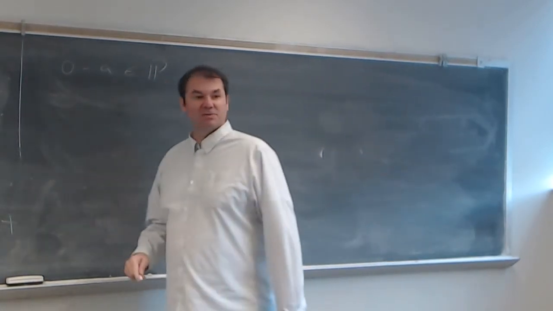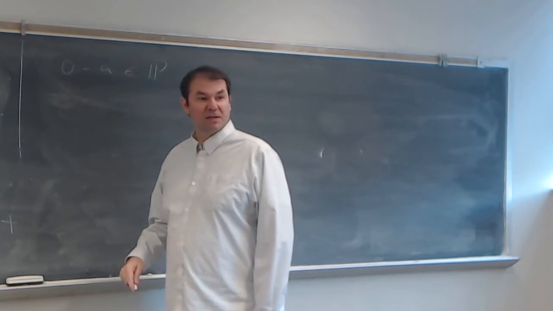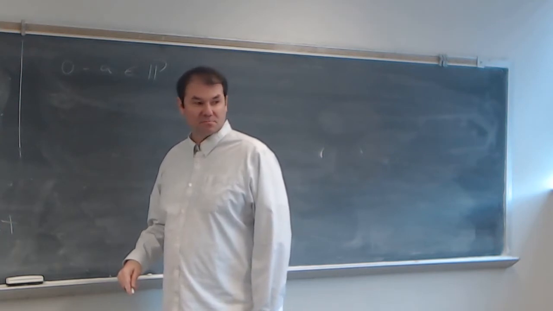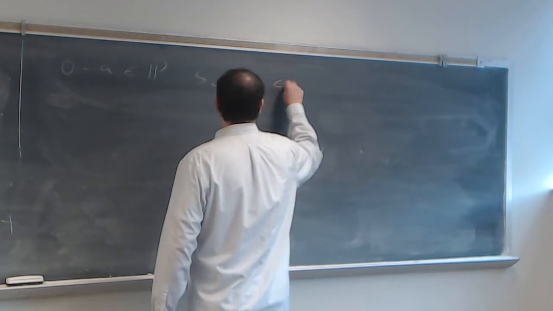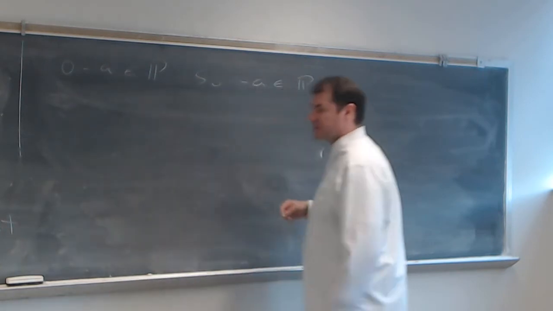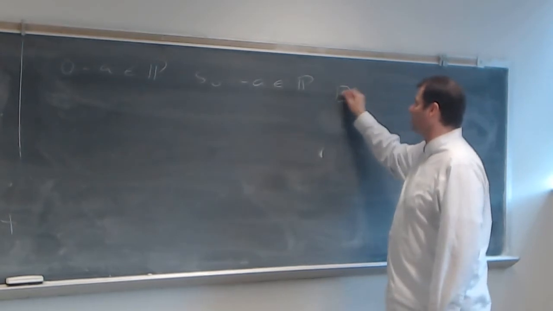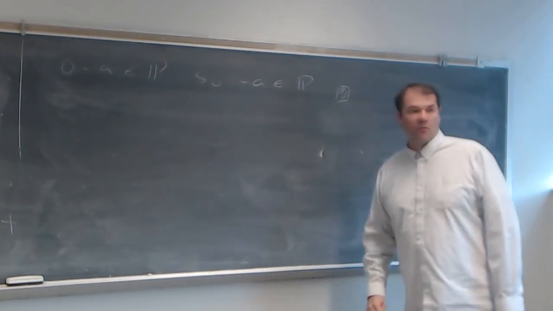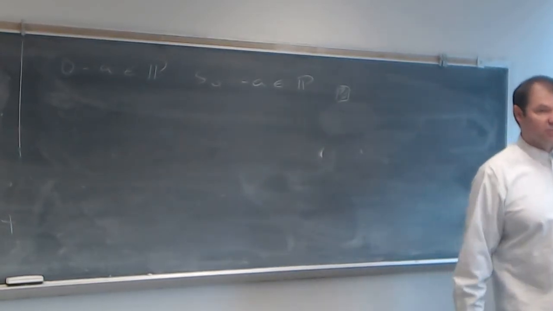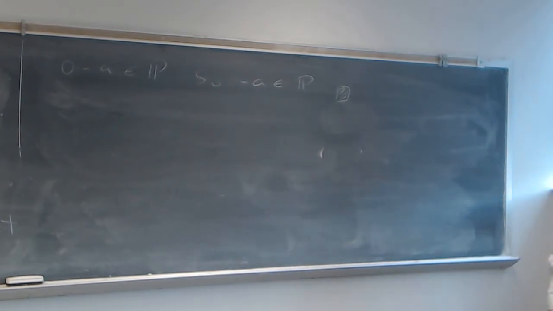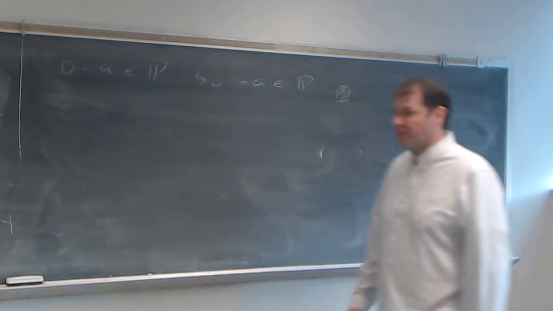Well, 0 minus a is really just, if you simplify that, minus a. And that's what I wanted to show, that minus a was a positive number. So that concludes this proof, and remember, this is my symbol for we're done. We've shown what needs to be shown. This may not be the only way to prove it, but it is a way to prove it. Anybody with any questions about that?